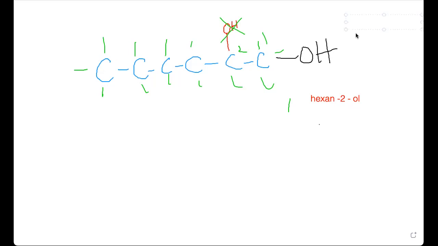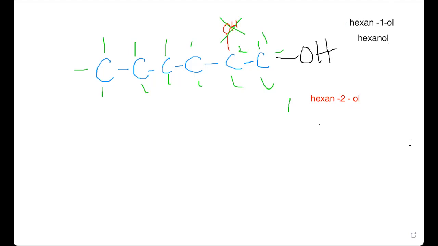In this case, when OH is here, you have to say, Miss, it should be hexane 1-ol. Or if you say hexanol, that is also acceptable. If you are not mentioning any number for the ol, it could be at the corner carbon, the first carbon or the last carbon.